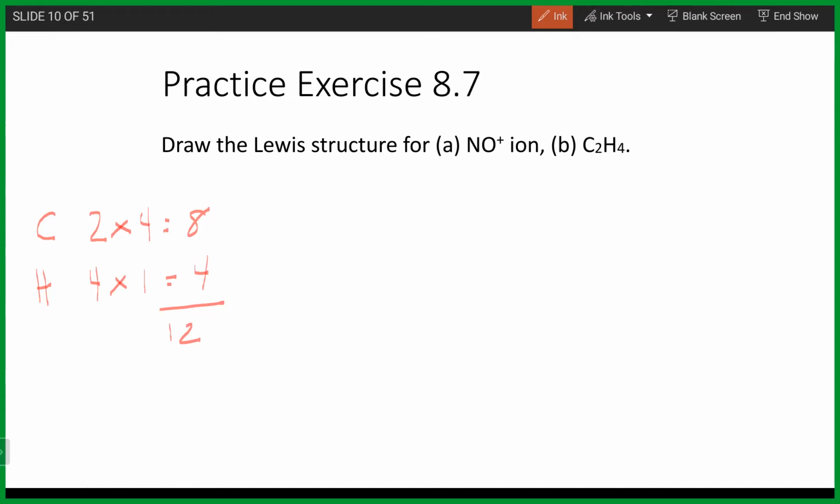In some cases, if there are a lot more carbons, there are different ways we could draw them, but we don't need to worry about that for this course. But like I said, we're going to have the carbons bonded to each other and then the hydrogens branching off. So what we can do is just take 2 of those hydrogens and attach them to each.